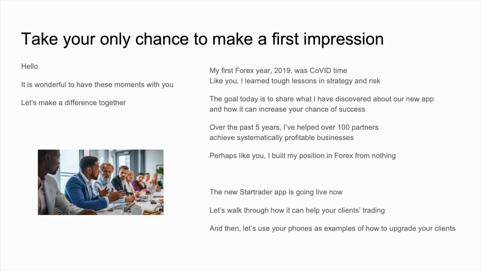You only have one chance to make a first impression. So take your chance to make a first impression. Take it. Establish that table presence. Use words such as, hello, it's wonderful to have these moments with you. Let's make a difference together. You might recognize those words.